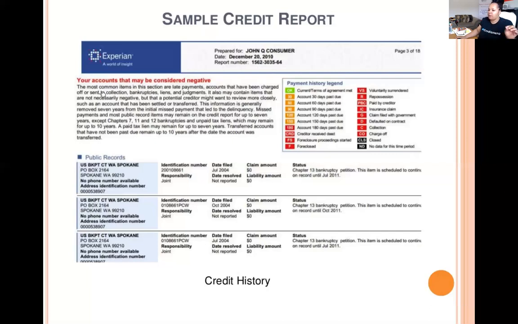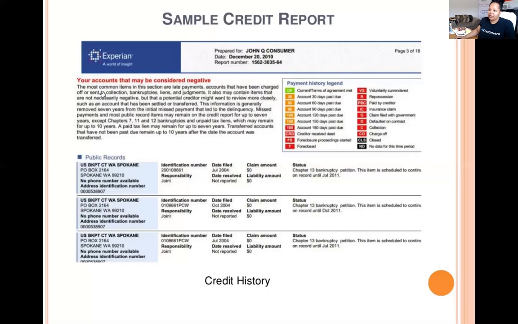I definitely want you to make that differentiation when you're looking at your credit report, because every negative item is not necessarily an inaccurate item. So whoever's working on your credit needs to be able to educate you on how to identify what's negative and what is inaccurate.